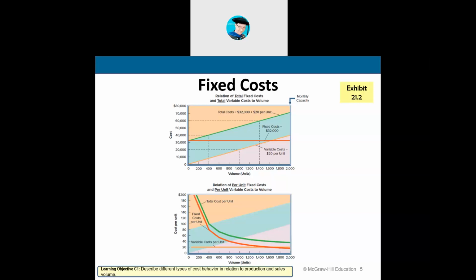I've got fixed costs plus variable costs, that equals total cost. Fixed plus variable equals total. And we know that the variable costs increase with the more sales per unit that I make. My fixed costs remain the same regardless of the level of output.